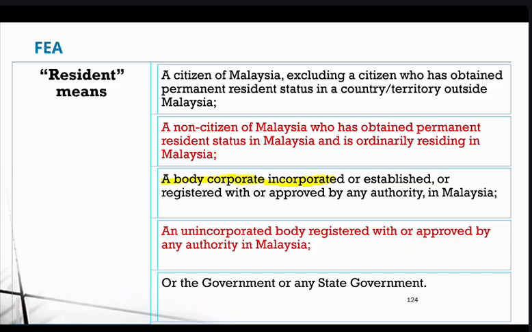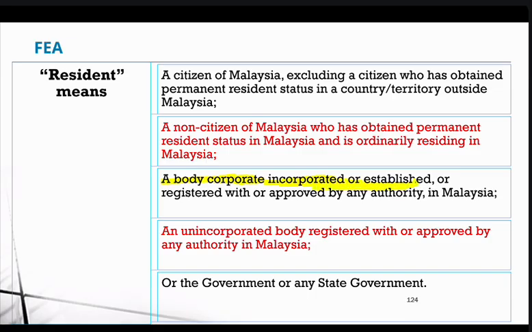So if it's a Sdn Bhd, is it incorporated in Malaysia? Yes. So it doesn't say about shareholding. It has nothing to do with foreign shareholding. It's whether it is a body corporate for companies, is it incorporated or established in Malaysia?